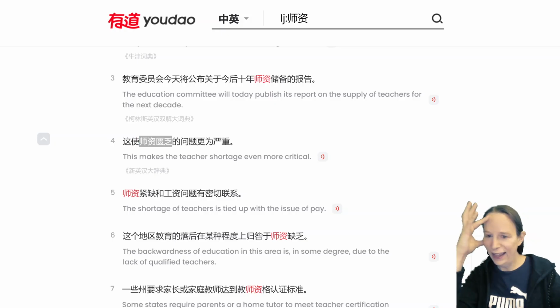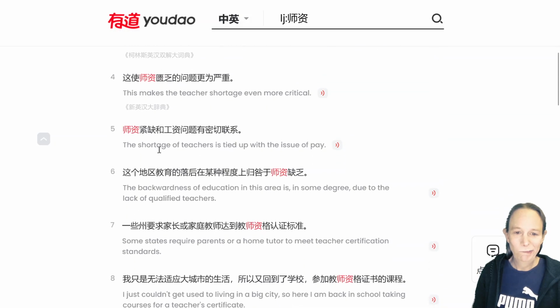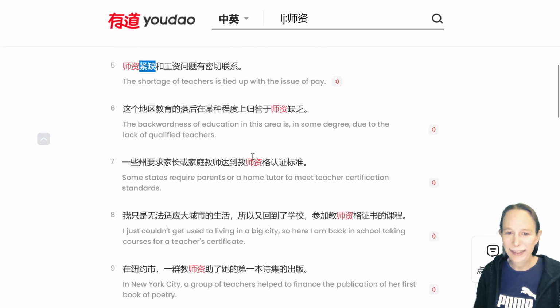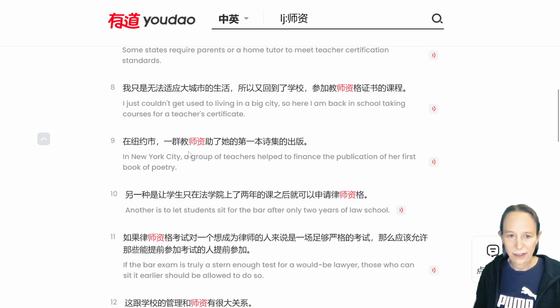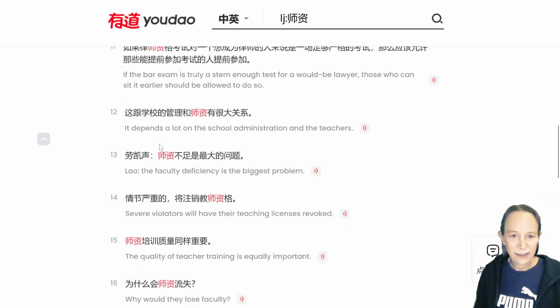Yeah. Again, it's not just one teacher. 师资紧缺, so shortage, but it's like a very important shortage. Shortage. No, 教师资格, that's different. Yeah, these are like 律师资格.